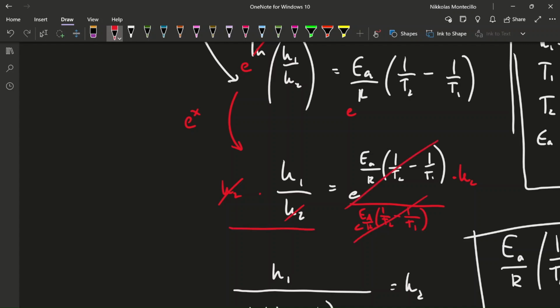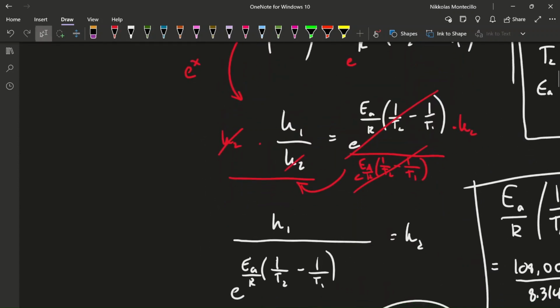And then apply the same thing here, which gets us this formula where k2 equals k1 over the natural exponent to the power of Ea over R times 1 over T2 minus 1 over T1, right?